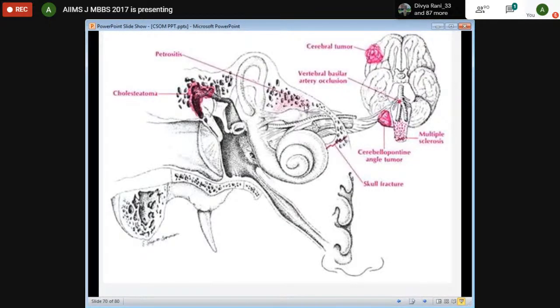There are two ways by which these tracts can be reached. First is the translabyrinthine, through the semicircular canal. Through the mastoid region, we can go and reach the air cells. The other is around the cochlea.